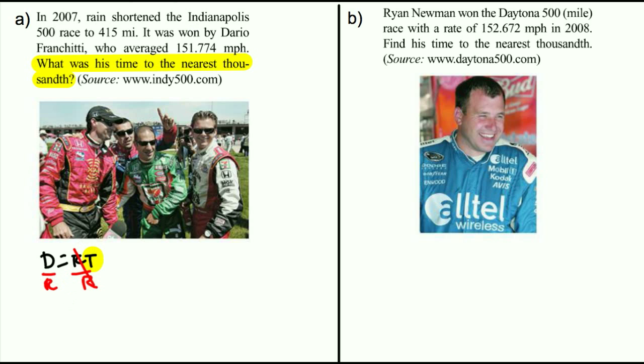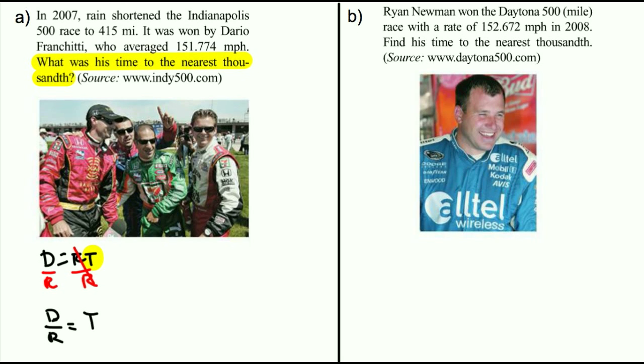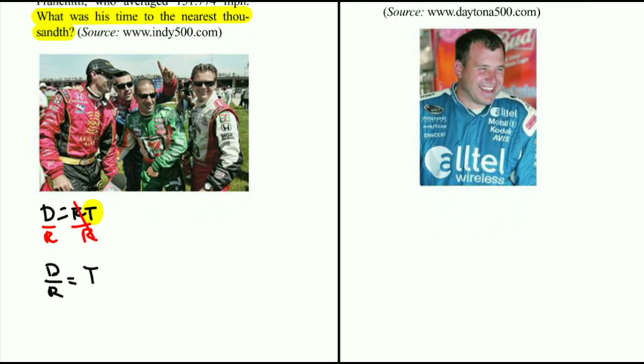And now we have the distance divided by the rate is going to give us our time. Okay? So now let's see if we can pull what the distance and the rate is, and then we can figure out what the average time is.